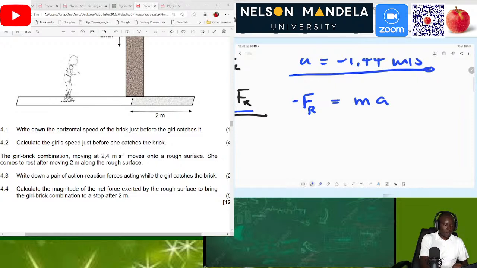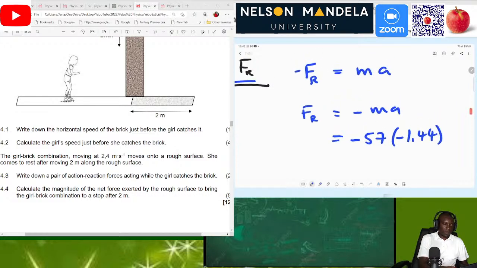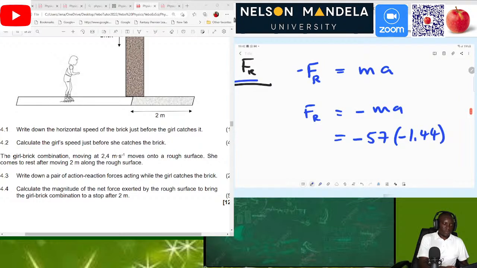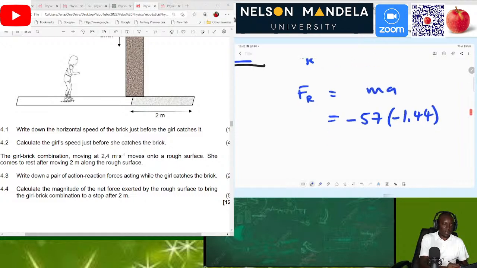So we say F equals minus ma, which is equal to negative 57 times minus 1.44. So this gives us the magnitude of that force. They are in the same direction. So we can as well remove that negative, because the force and the acceleration should come out in the same direction.